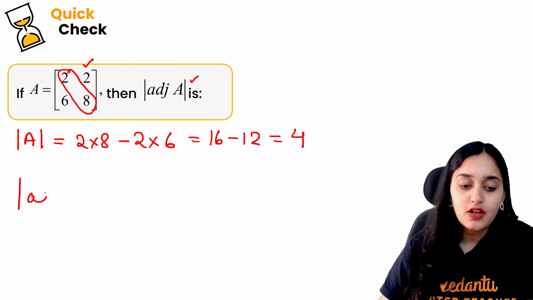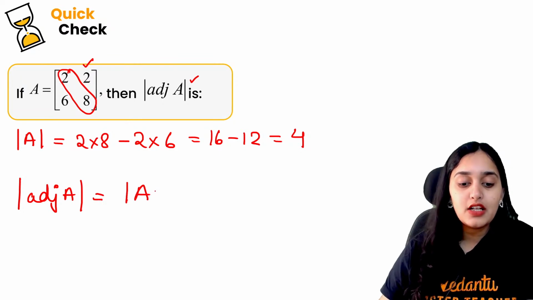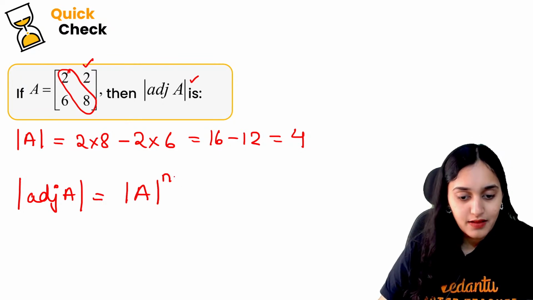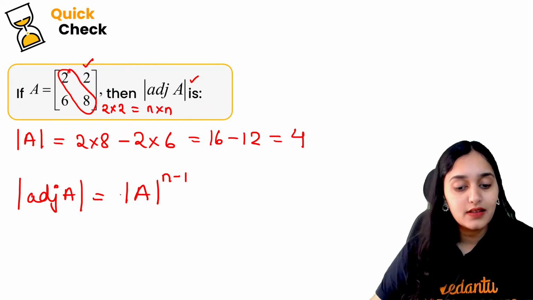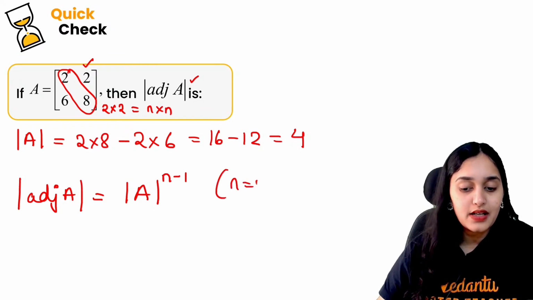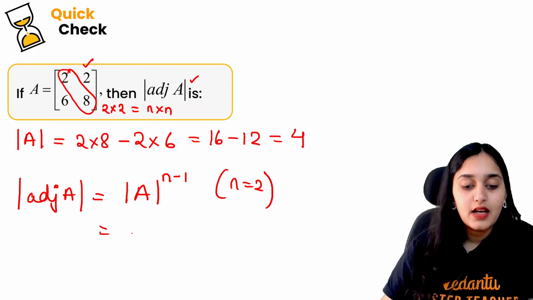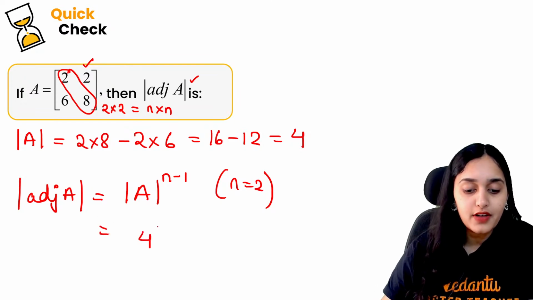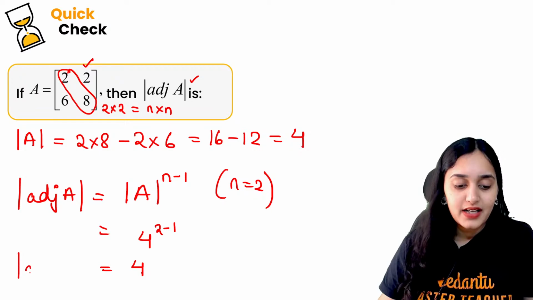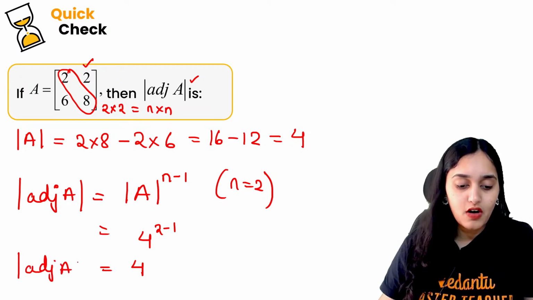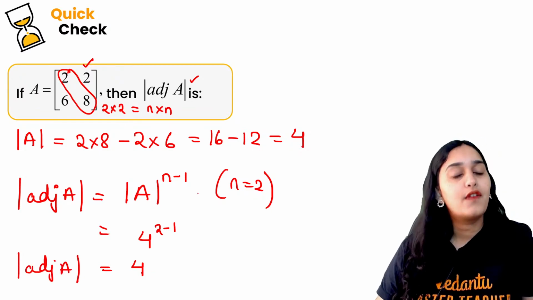Now determinant of adjoint of the A matrix will be determinant of A to the power of n minus 1. Now what is n? This is a 2 cross 2 matrix. So n value is 2. So 4 to the power of 2 minus 1. That is 4 itself. So we have determinant of adjoint of the A matrix is 4.